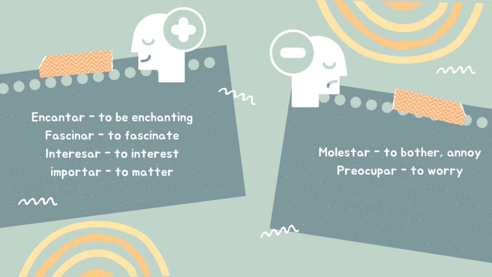Molestar, preocupar. Those two are on the right-hand side, and those usually have a negative connotation. The words on the left are positive and have that positive connotation to them. And you would simply conjugate these the same way that you do with the gustar, adding an A for singular or AN for plural.